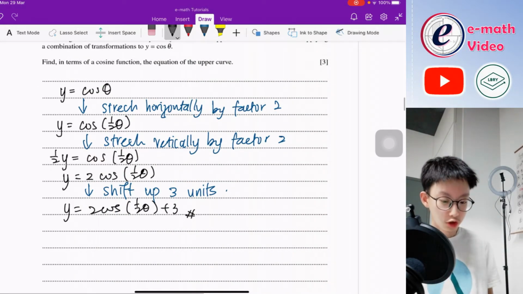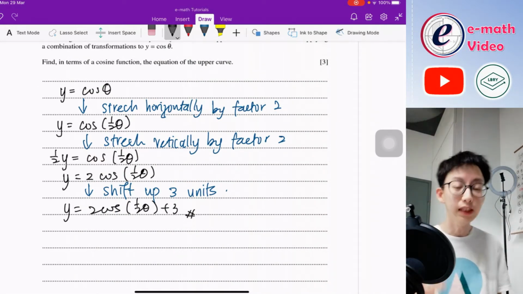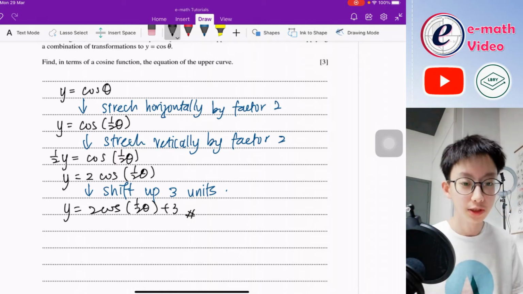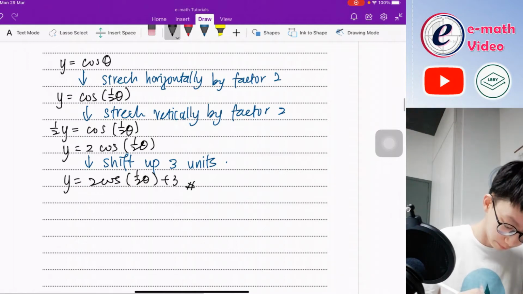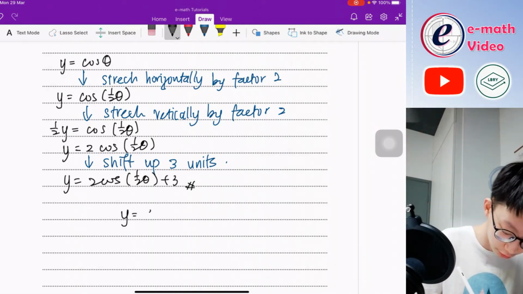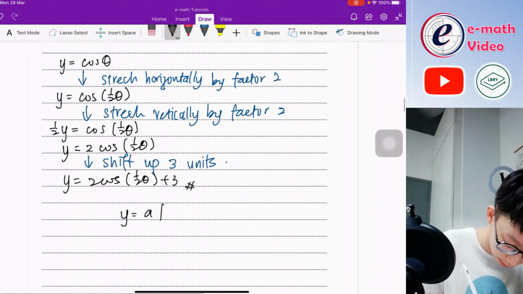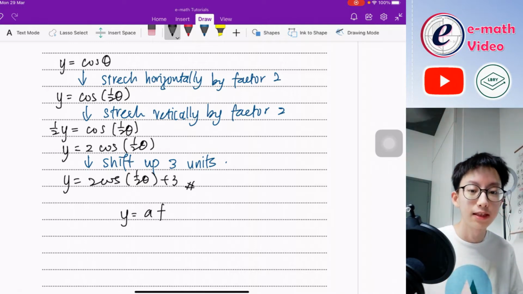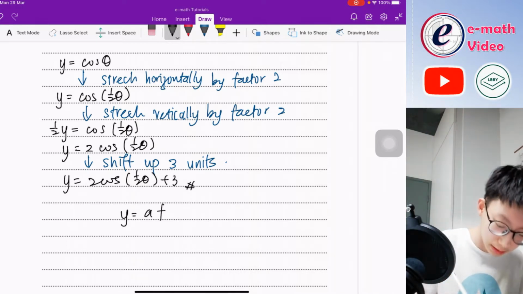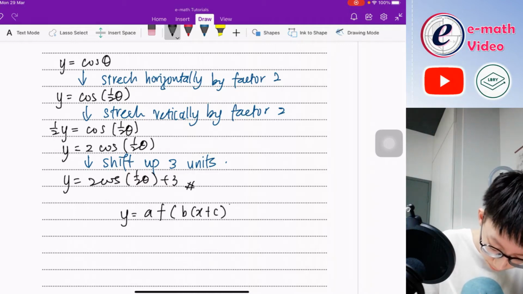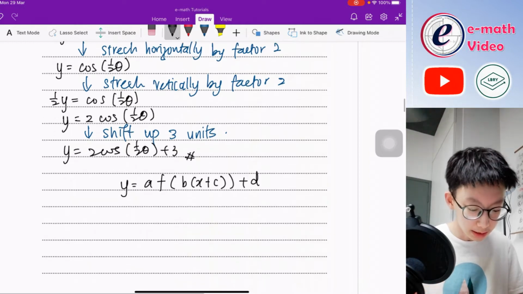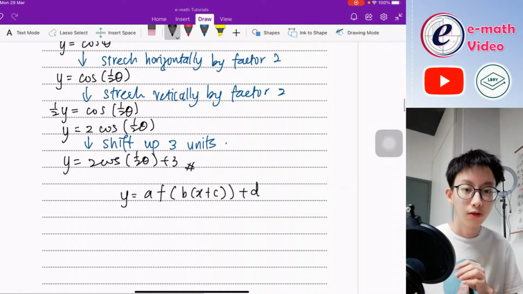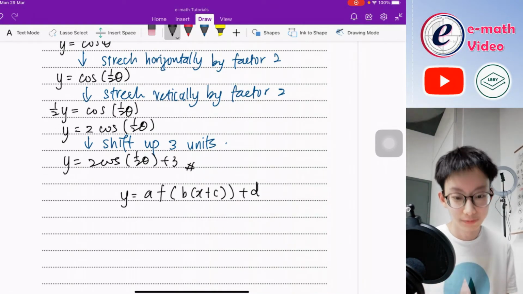Alright? So if you know the properties of a trigonometric function graph, which is right here, y equals a f of bx plus c plus d, where f can be sine, cos, tangent, secant, cosecant, whatever. If you know what each and every one of them does, then you can actually directly solve it.